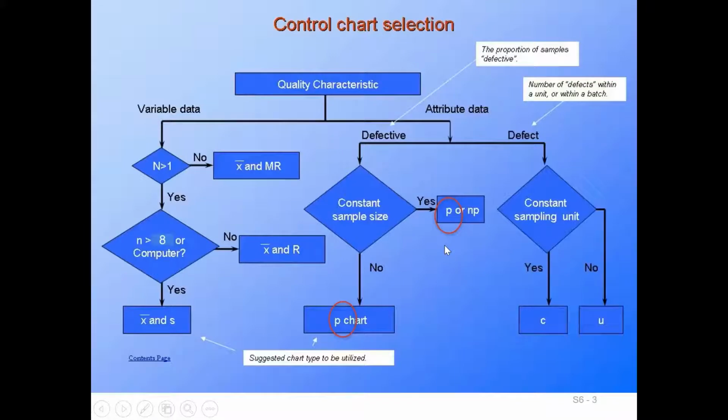In today's video, we're going to discuss the attribute control chart with the name P-chart. P-charts can be used for both constant sample or inconsistent samples inspection plan for defective items.